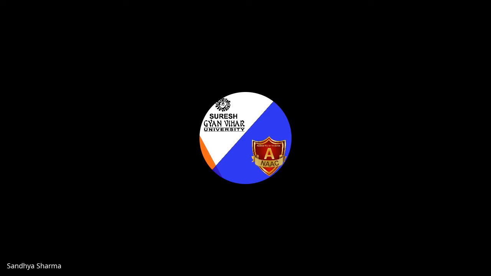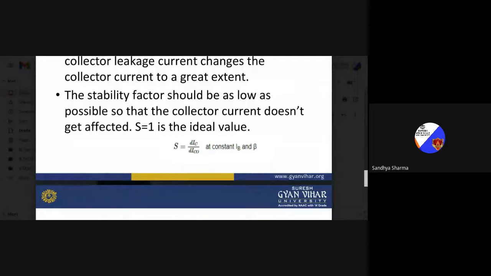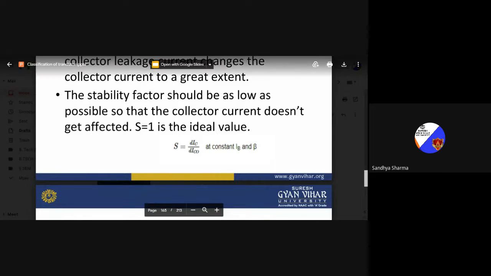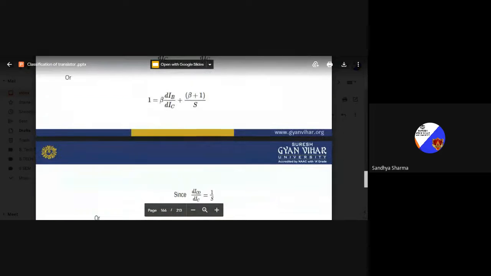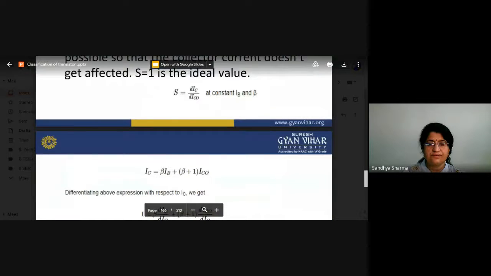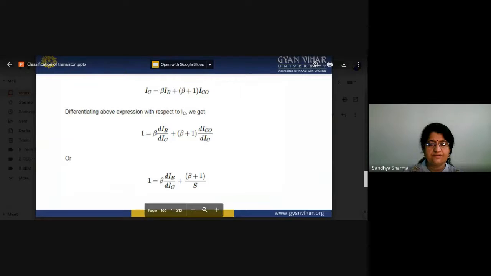After differentiating, you get dICO by dIC, which relates to the stability factor S. So you can put the value of S here. The stability factor S is dIC upon dICO at constant IB and beta. After differentiating it, we can achieve this.